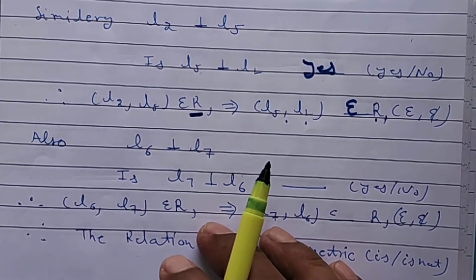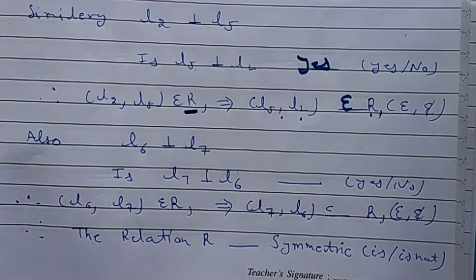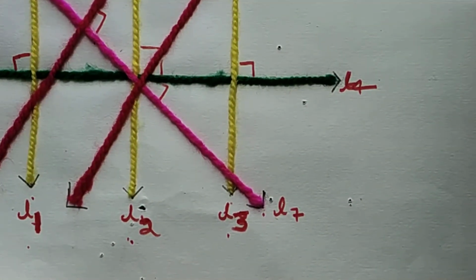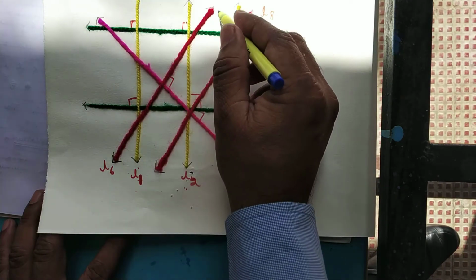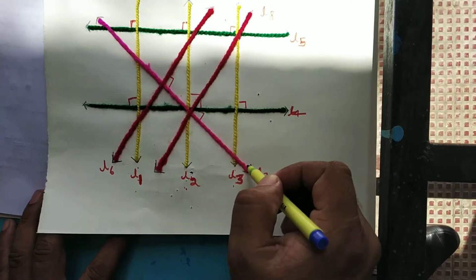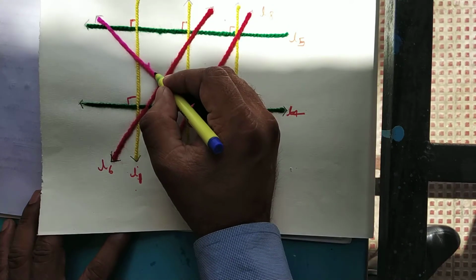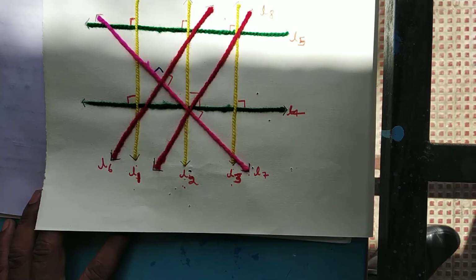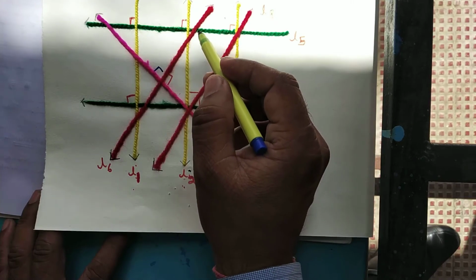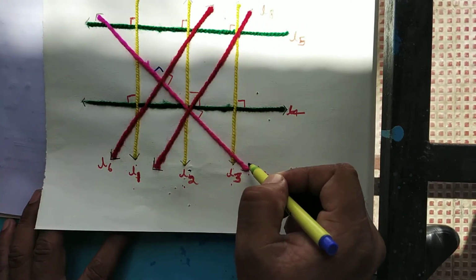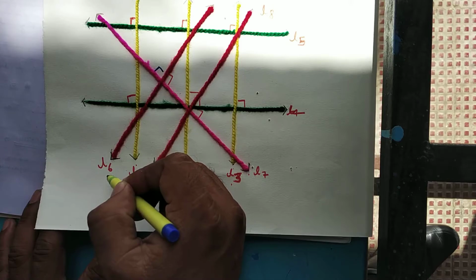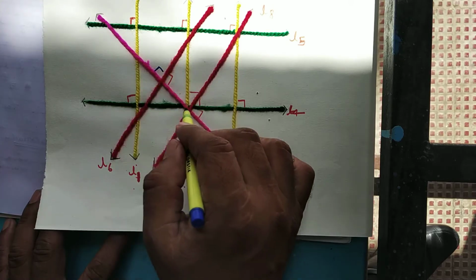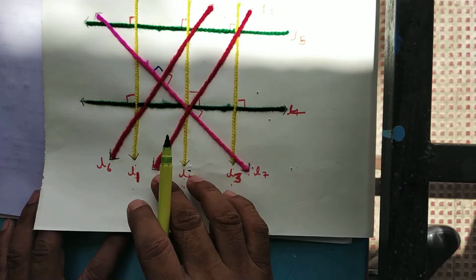Now the next example is L6 and L7. L6 is one line and L7 is this other line.